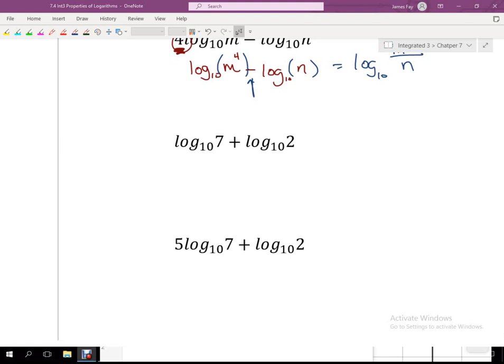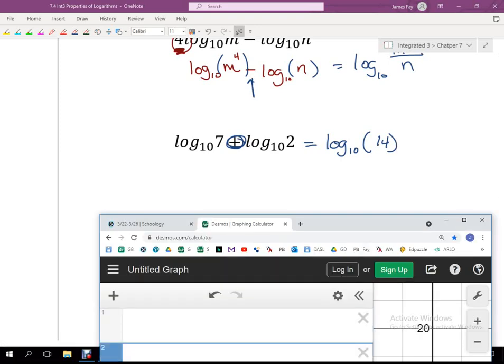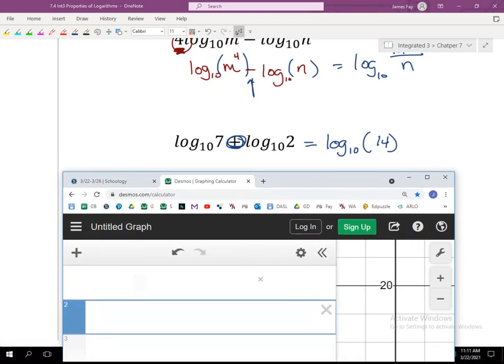All right. So addition turns into what? Multiplication. So it's going to rewrite as log base 10 of 7 times 2, right? So 14. Now, our calculator will help us here.